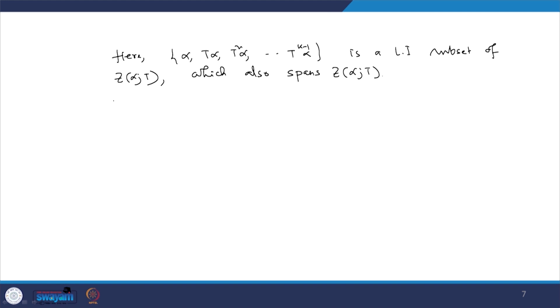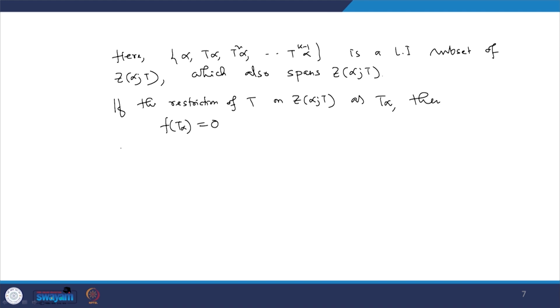In particular, if I denote the restriction of t on z alpha t as t alpha, then f of t alpha equal to 0.